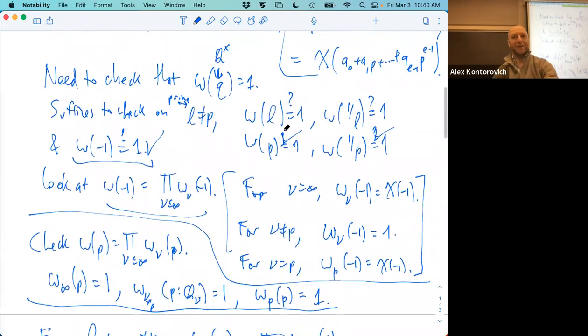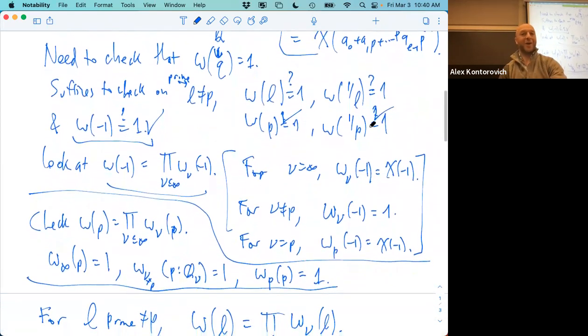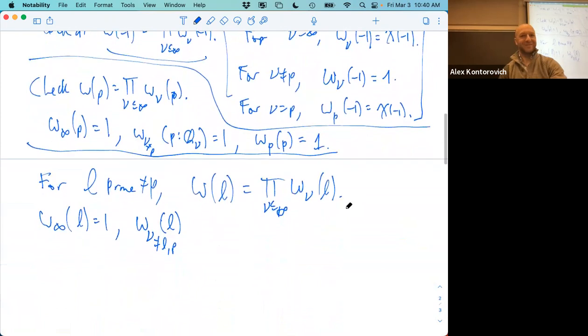Any rational number is made up of unramified primes on top or bottom, ramified primes on top or bottom, and -1. Right, I see. So we took care of everything but unramified primes. For L unramified, if I go to a place that's neither L nor P, this L is a unit at that place, and on the units we take the value 1.